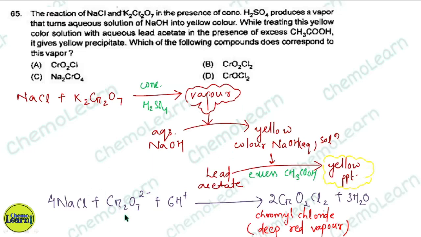When NaCl and dichromate ion are in presence of concentrated acid, which provides H+ ion, it will produce CrO2Cl2, that is chromyl chloride, deep red in color. So the correct answer will be this one, CrO2Cl2, chromyl chloride.